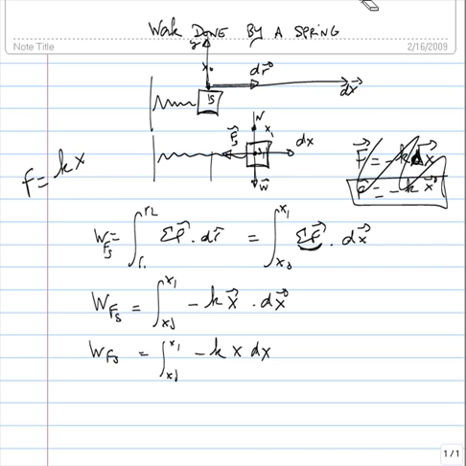Therefore you could have used this as its positive value, and then you cut your free body diagram and realize that your Fs is in the opposite direction as your dx. Therefore the dot product, as you take this dot this, will give you the negative sign that you need.